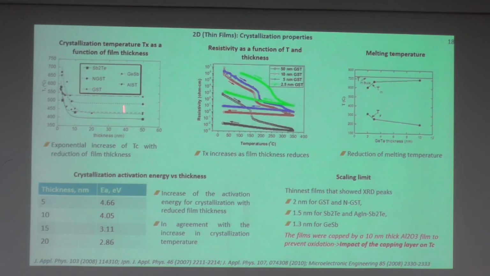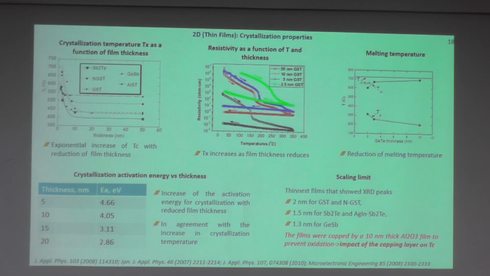Here, different materials were tested: germanium antimony, AST, GST, nitrogen-doped GST, antimony telluride, and all these compositions show the increase of crystallization temperature with the reduction of thin film thickness.